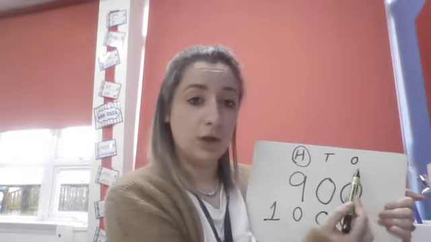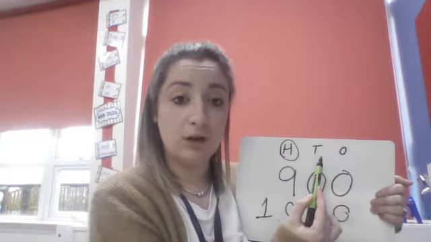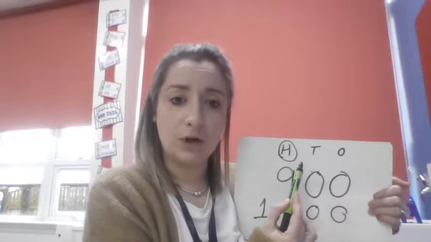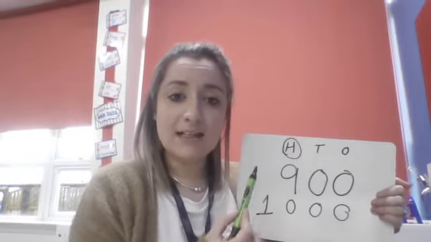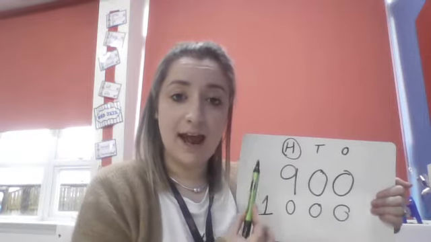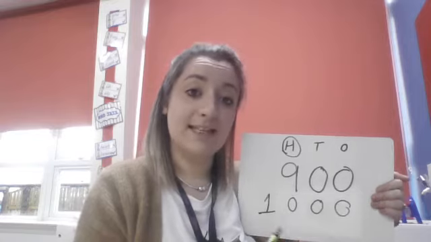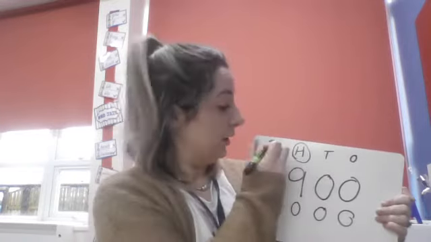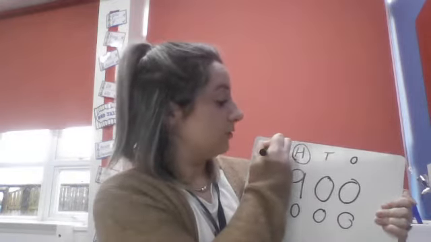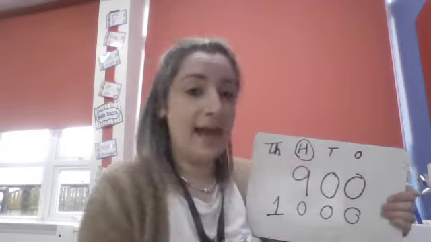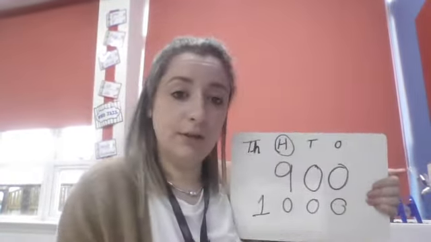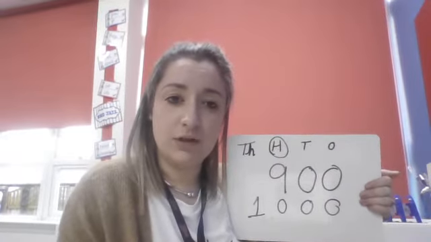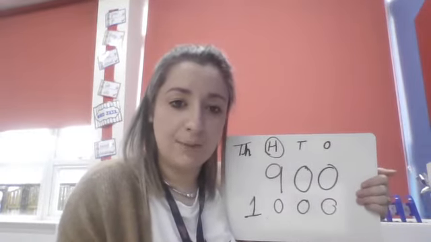I've got my ones column, my tens column, my hundreds column. Now I've got a new column. What is the next value of a digit after the hundreds? It is the thousands. To do that, we have a capital T and a small h. So 100 more than 900 is not 1000 because that's not a number.